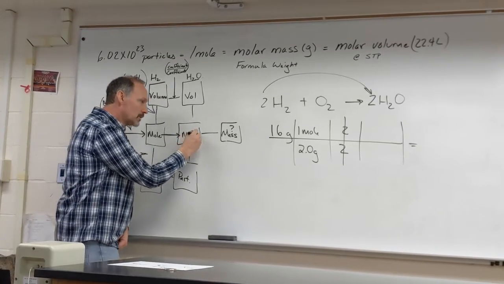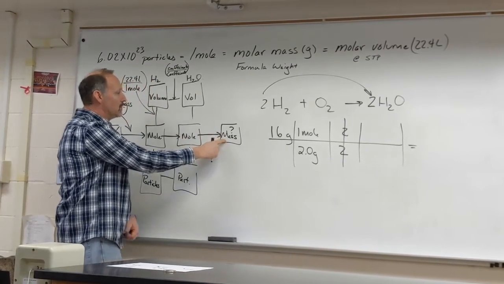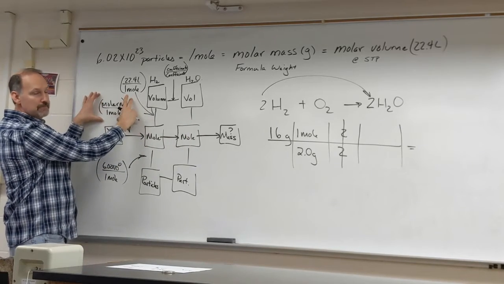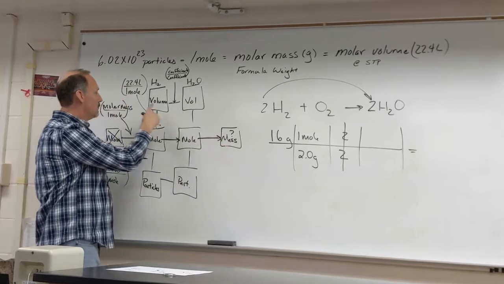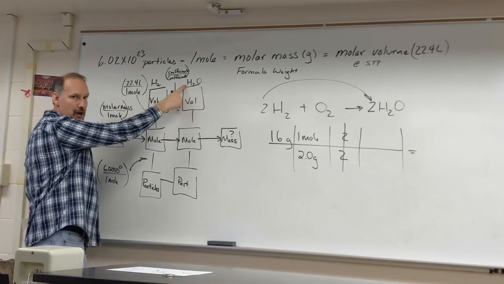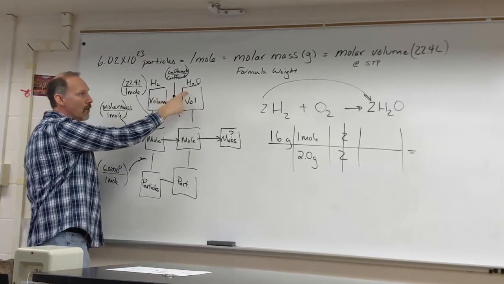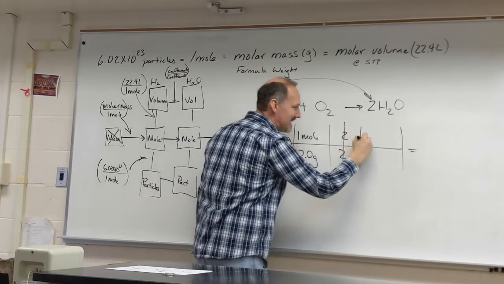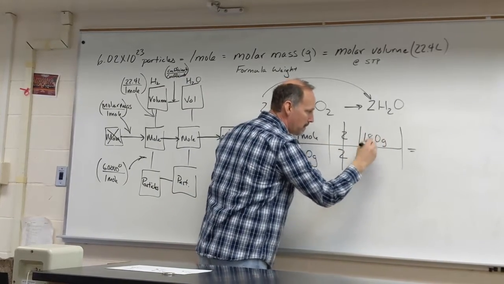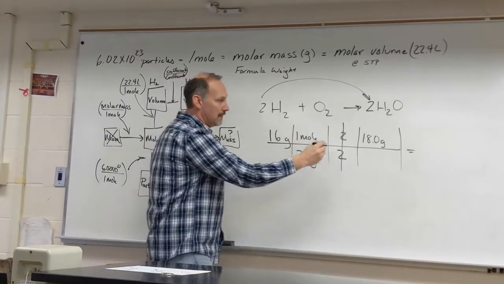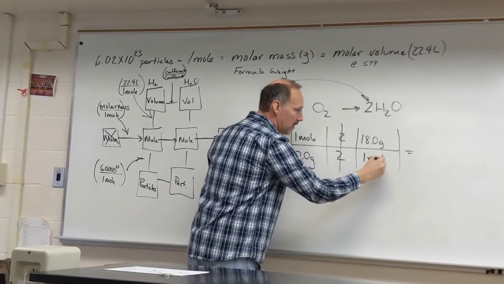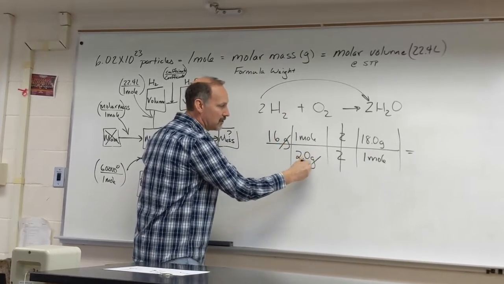I have to do one more jump to get to mass. So I'm going to use this same jump right here, molar mass, but I want mass on top this time. And molar mass, but I'm in the water chart. Water's molar mass is 18 grams. Okay? And then I put 1 mole on the bottom. If I did it correctly, my unit should cancel out that I don't want.